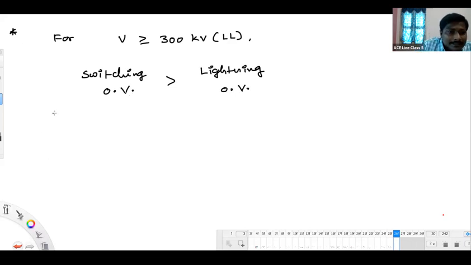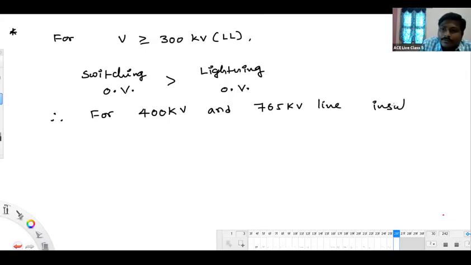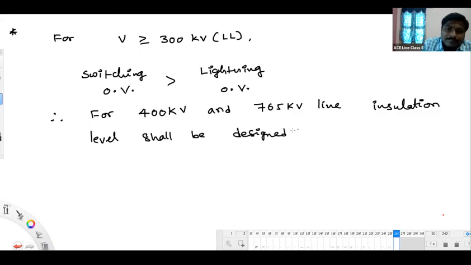So I'm writing the statement. Therefore, for 400 kV and 765 kV lines, the insulation level shall be designed, or shall be selected, based on switching over voltage or internal over voltage.